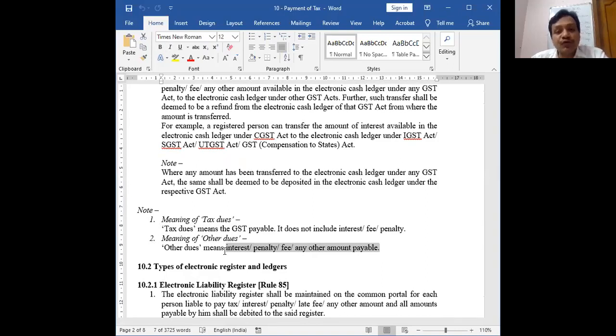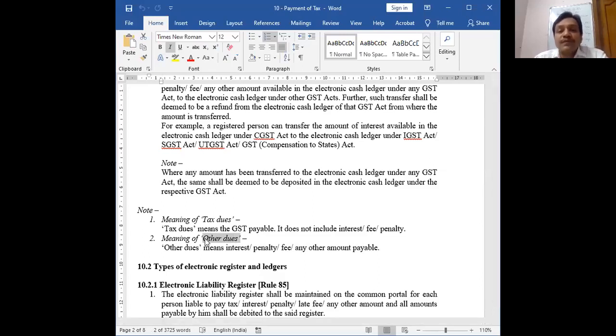Either you will pay GST to the government, fee to the government, interest to the government, penalty to the government, or any other sum. Tax dues means only GST. What you pay extra above GST, like interest, fee, penalty, or any other sum, is not known as tax dues, it is known as other dues. This is my section 49.